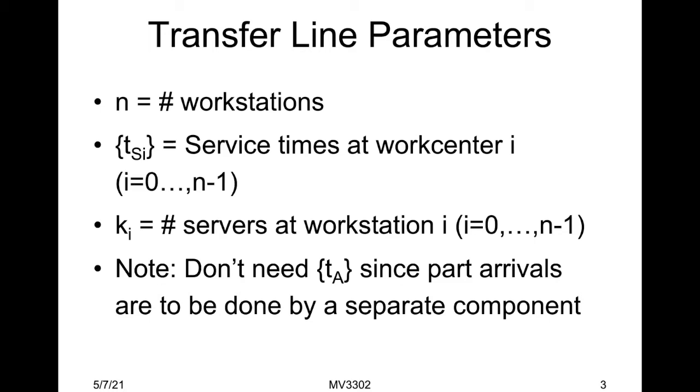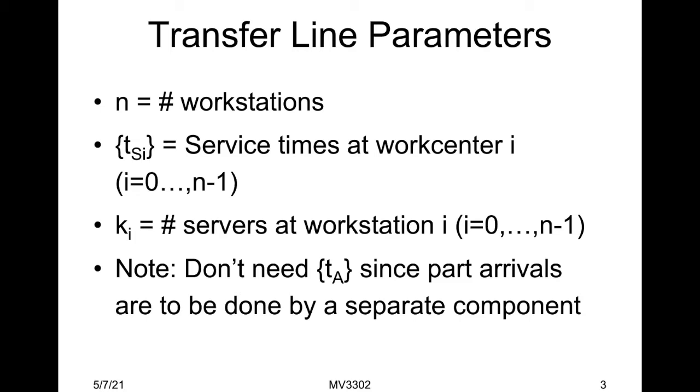All we need to do is specify how many workstations there are, specify what the service times at each workstation are, and specify the number of servers at each of the workstations. And again, just as with the simple server component, we don't need the arrival times, since the part arrivals are going to be done by a separate component.